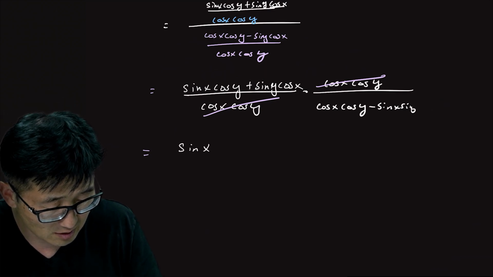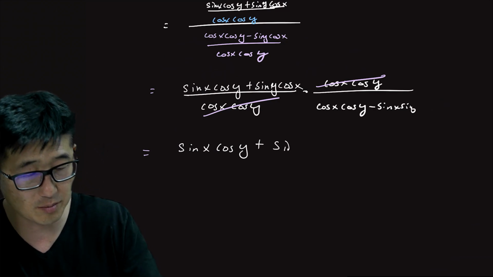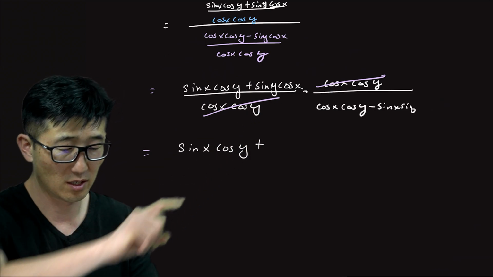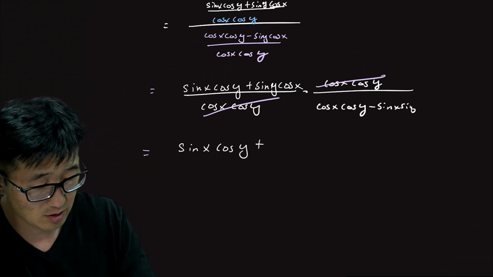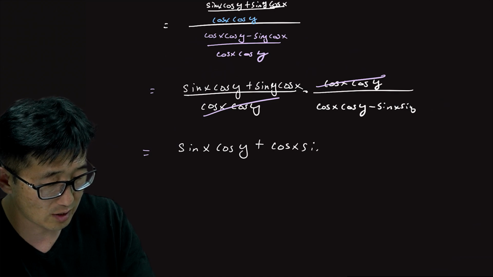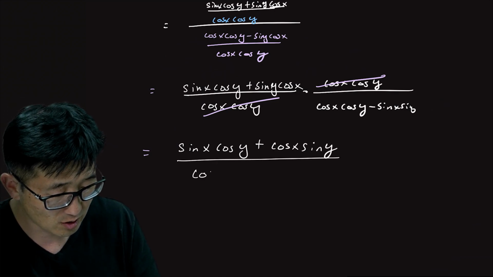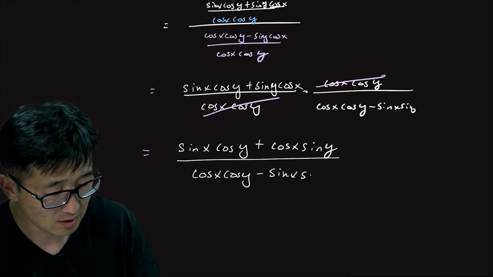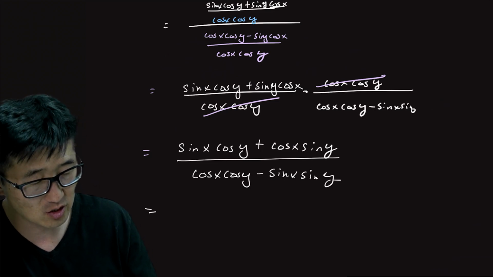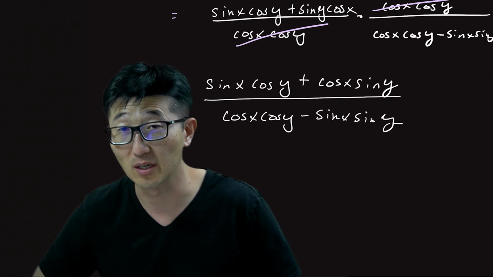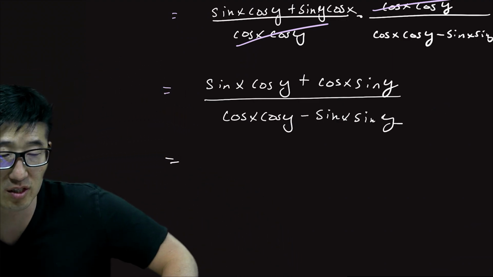Sine x cosine of y. Now I'm going to change the order of that first one right here to cosine x sine y, just so that you can see it better. This is cosine of x sine y, and then all over cosine of x cosine of y minus sine x sine y. And here's where you have to recognize, oh, this is the sum and difference formula for sine and cosine.